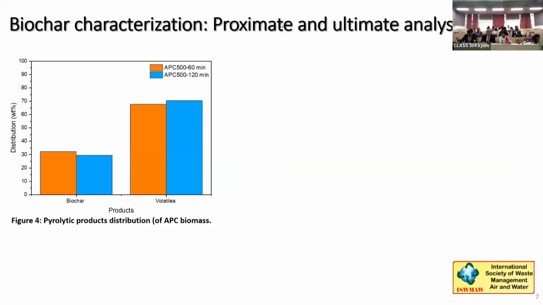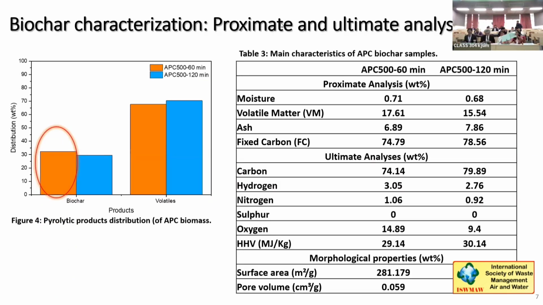Moving now to the results of the pyrolysis experiments, we start with the products distribution. It could be seen that the short residence time leads to more biochar, with a maximum yield of up to 32%.